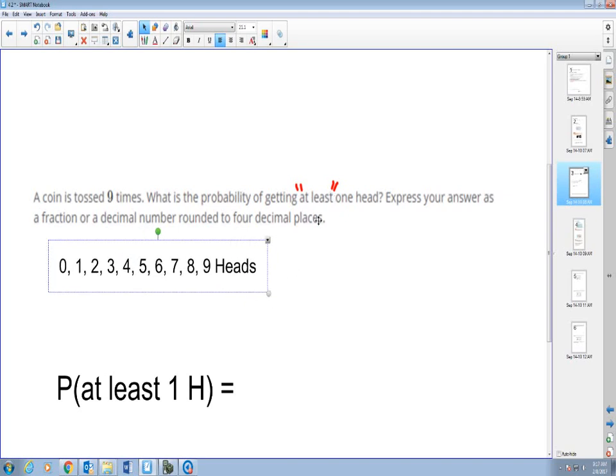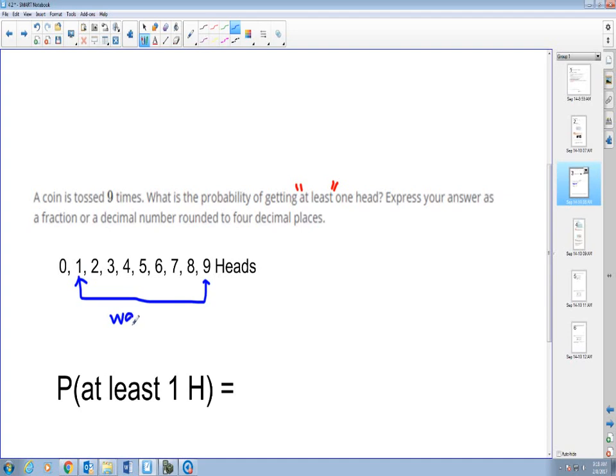At least one head means what I want is 1 head and more, all the way up to 9. I want at least 1, that means 1 all the way up to 9 heads. So this 0 will be the complement. This is what I don't want.